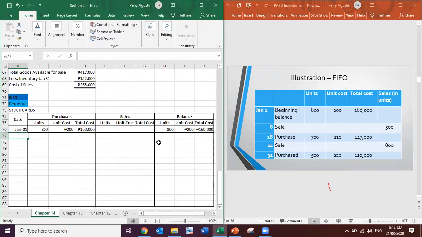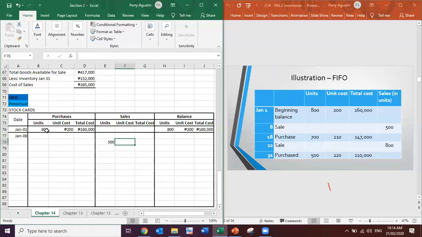Then the next information that we need to find out is the January 8 sale. So we have our January 8 sales here. Which column are we going to put the sale? We are going to put the sales under the sales column. So we have 500, but again, since this is FIFO, how much cost should we allocate it first?